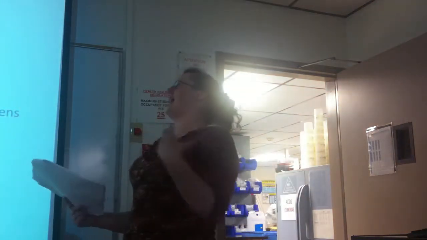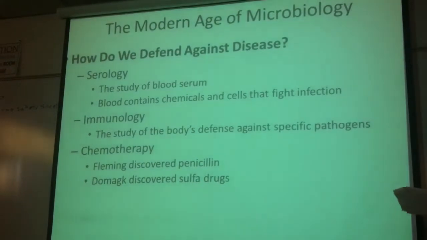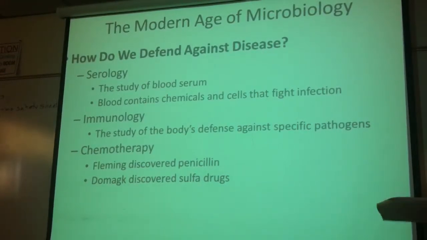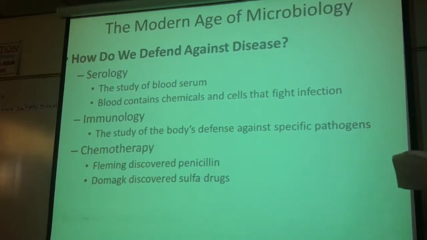Then also, we need to know how are we going to defend against disease? How are we going to defend against these microbes? So we have serology, the study of the blood serum. You know, blood contains chemicals and cells that fight infection. Immunology. So how does our body respond?